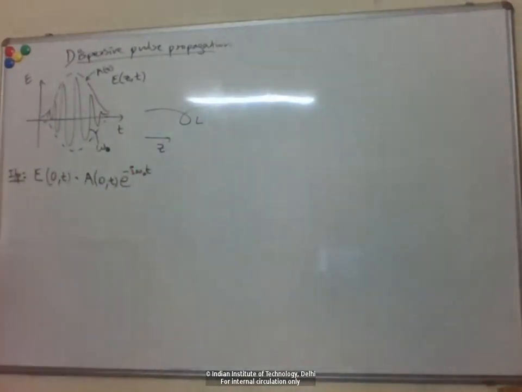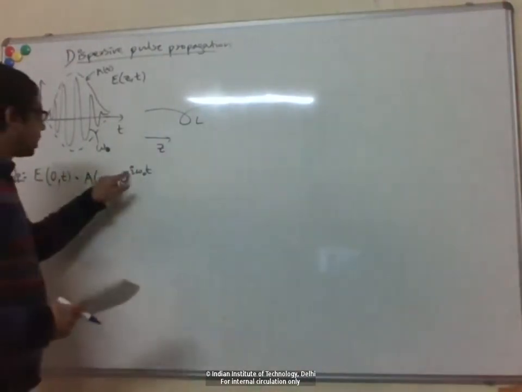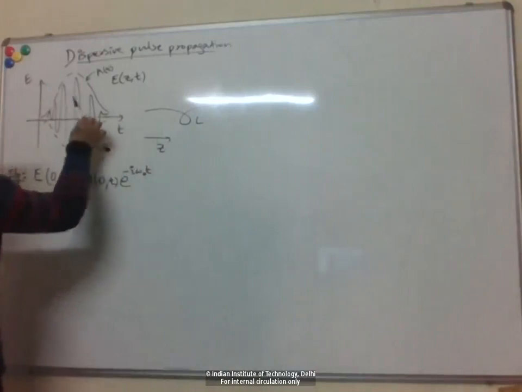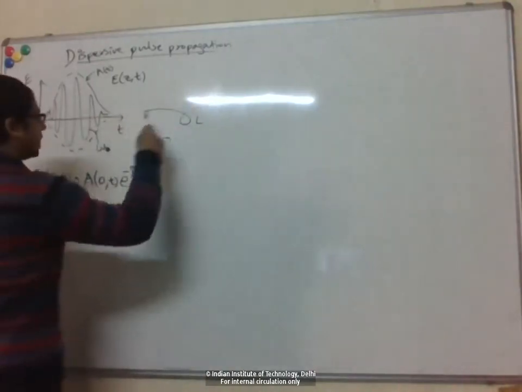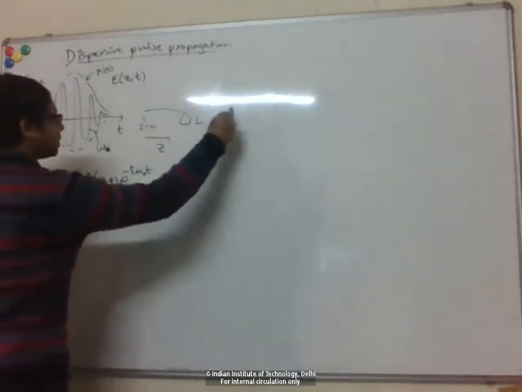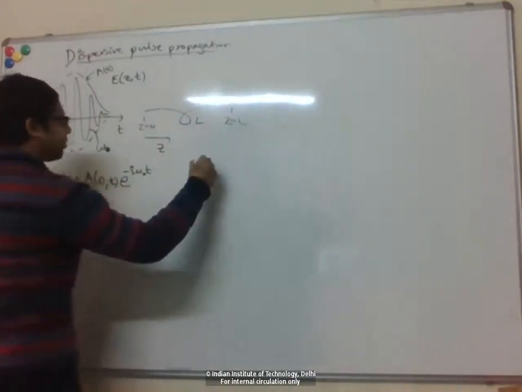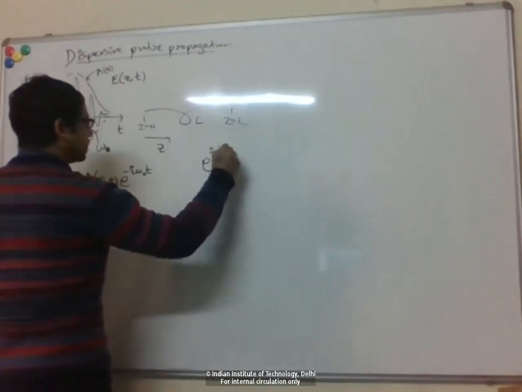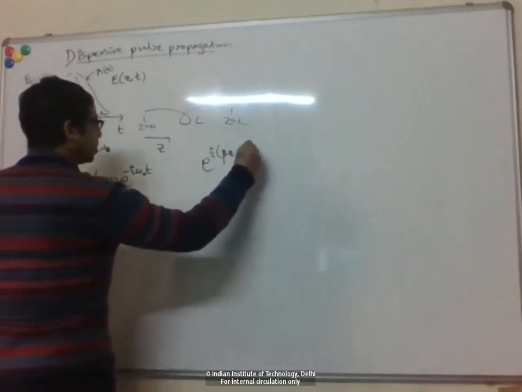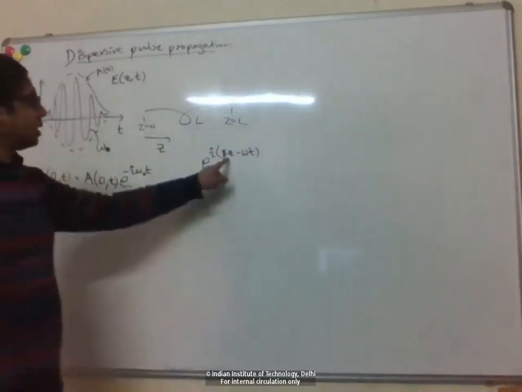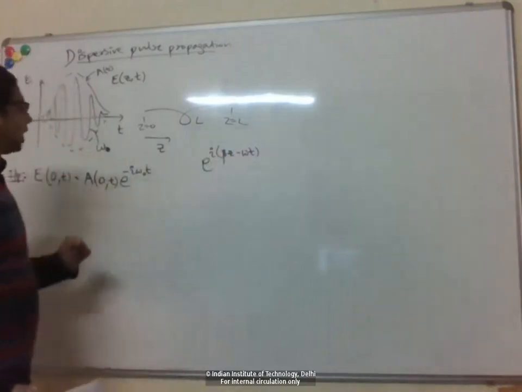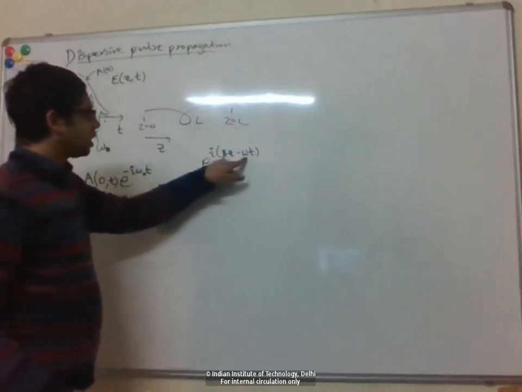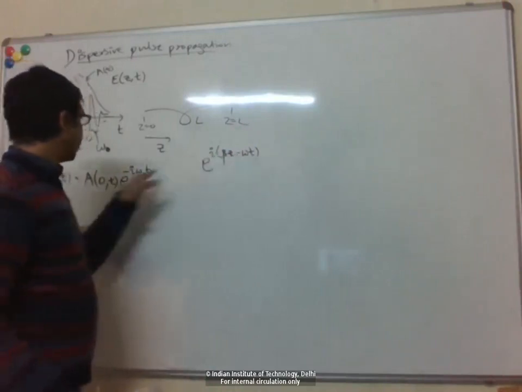Whether I take a plus or minus is again convention. This wave is propagating towards positive z, from z equal to 0 to z equal to L. So if beta is the propagation constant, I can write it like this. If I use this convention, that's why I'm writing a minus i in front of the temporal term here.